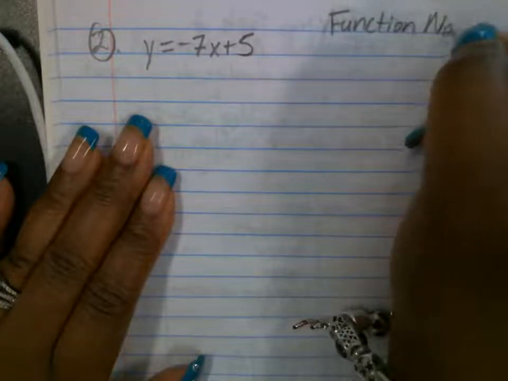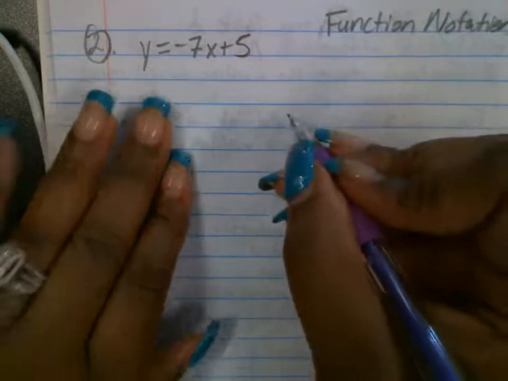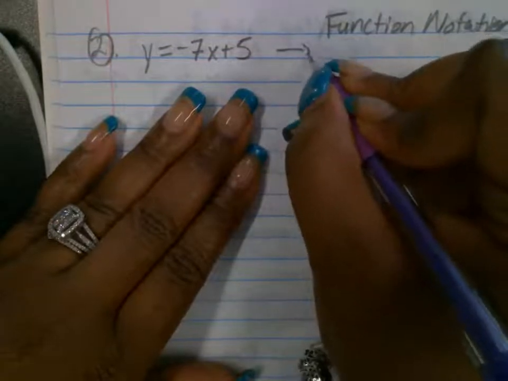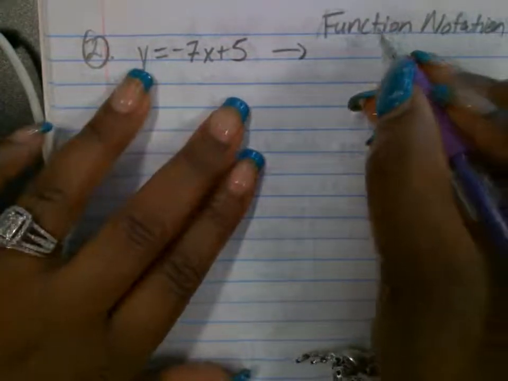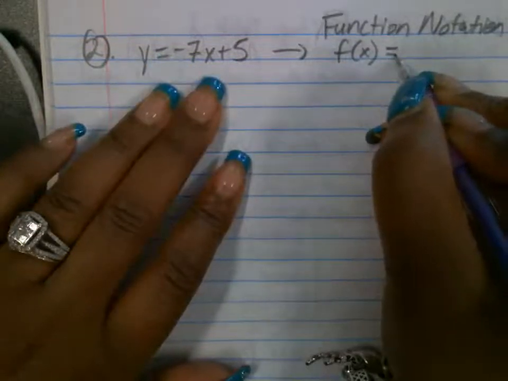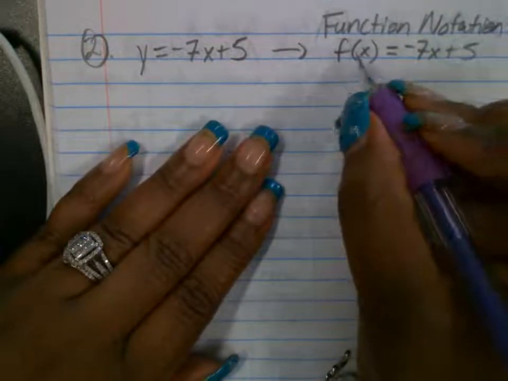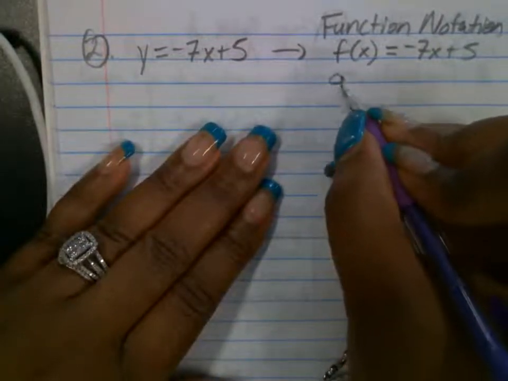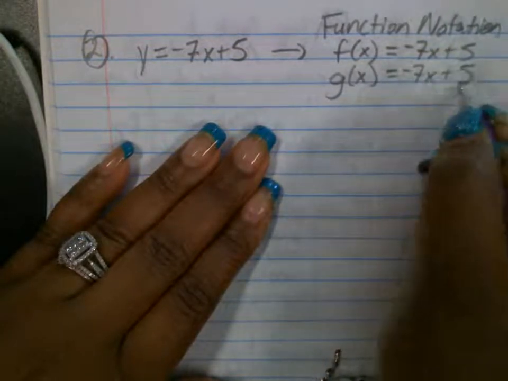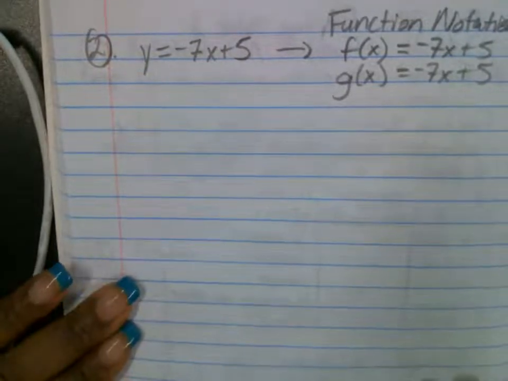To write this in function notation, you're going to replace y with f of x is equal to negative 7x plus 5. You can use other letters too. It still means y. You could say g of x or h of x. It's still written in function notation. The letter that's commonly used, though, is f.